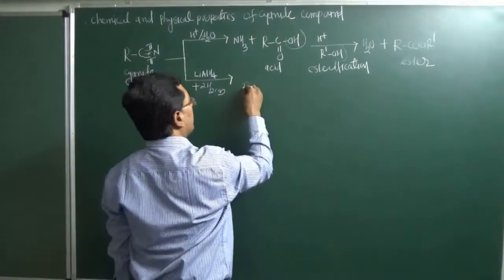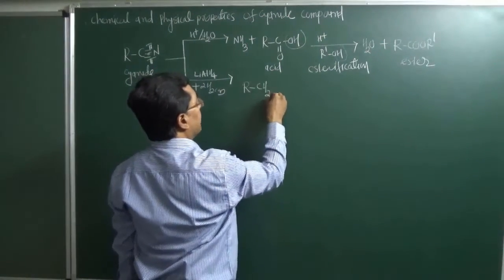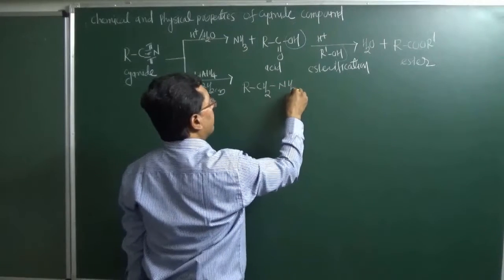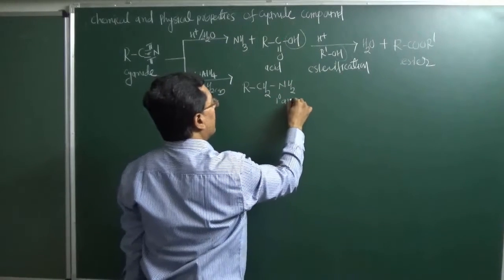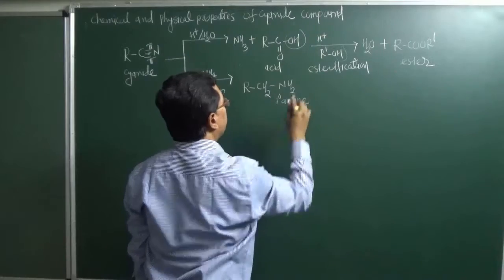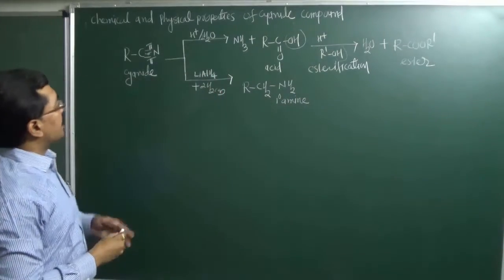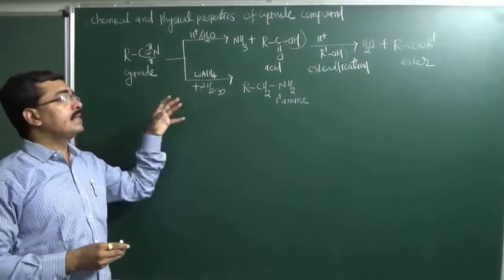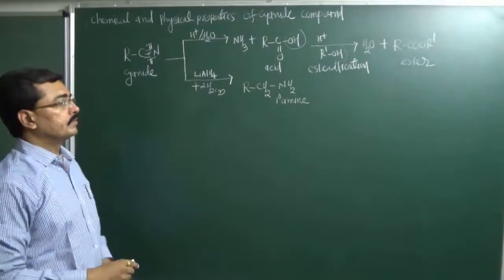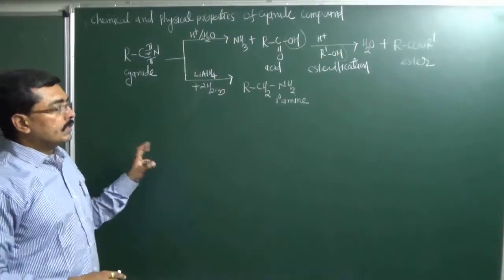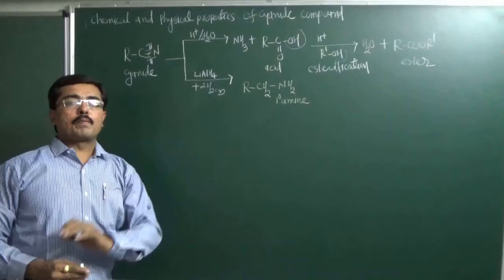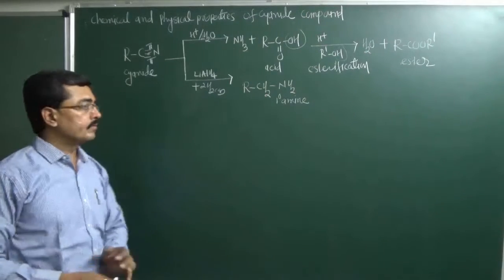So by reduction of cyanide compound, we will get a primary amine. Now whatever amine is obtained, it has the same number of carbons present in the cyanide compound. So now these are the 2 easy chemical properties of cyanide compound.